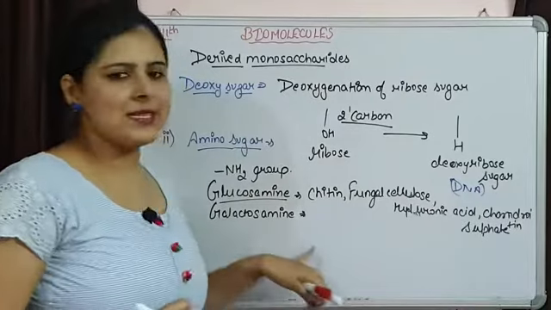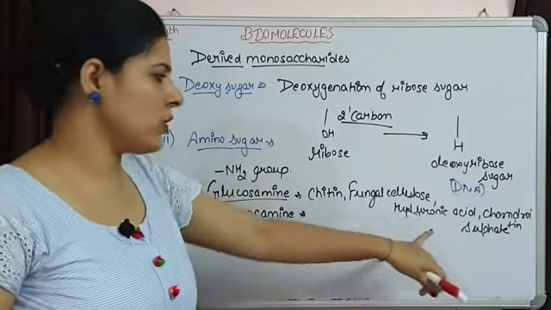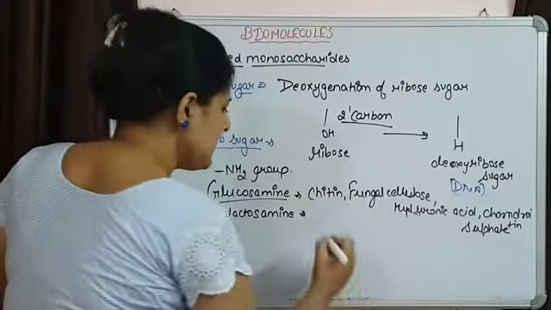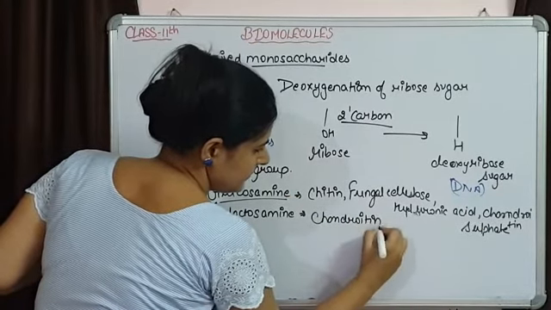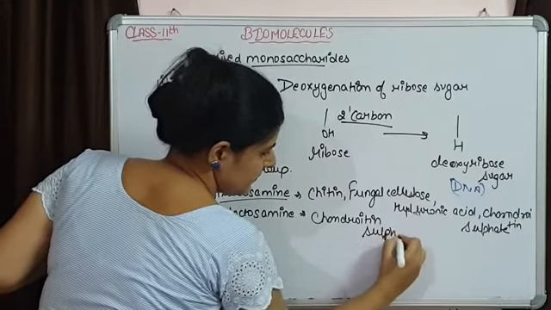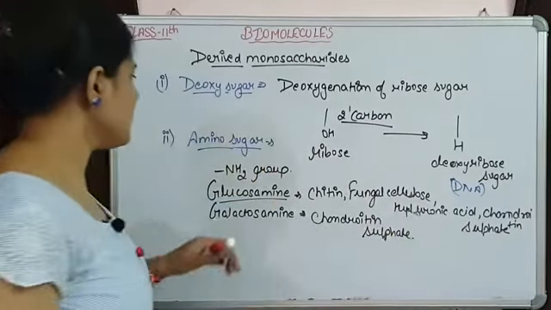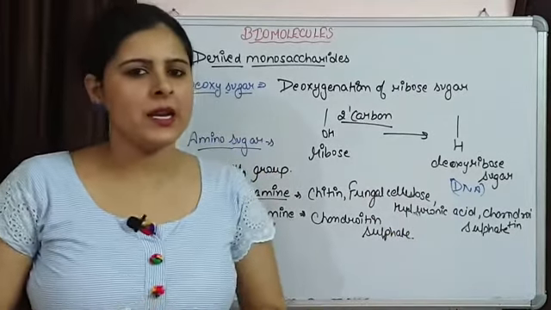Exactly like that, galactosamine is also part of chondroitin sulfate. So this is where these amino sugars are present.